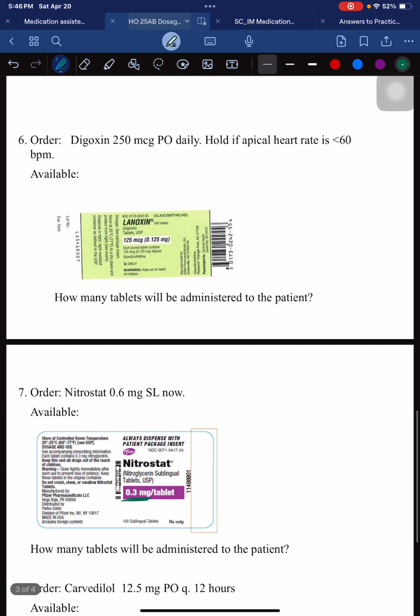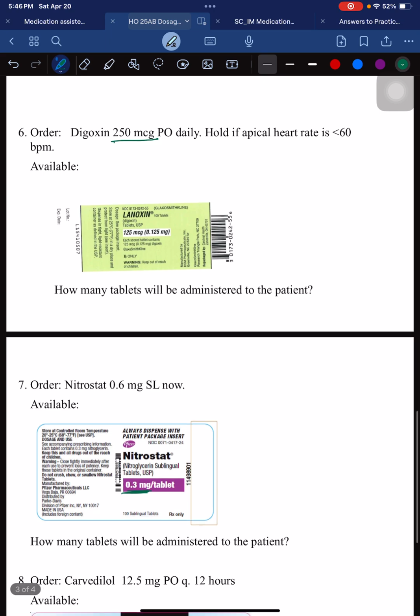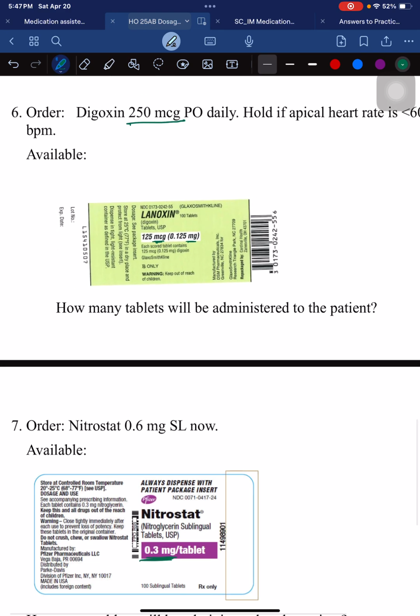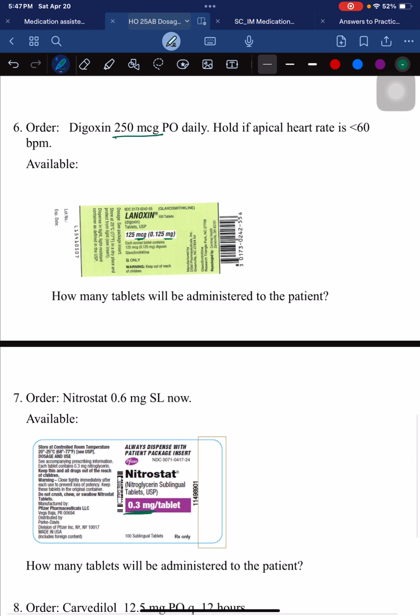Okay, this one here, if you look at the order, the doctor's order is 250 mcg. The box gives you two options. If you look carefully, you can either keep it in the mcg or you can convert it to mg. I'm gonna make my life easy and just keep the mcg because the unit matches. So it's gonna be 250 mcg, the doctor's order.